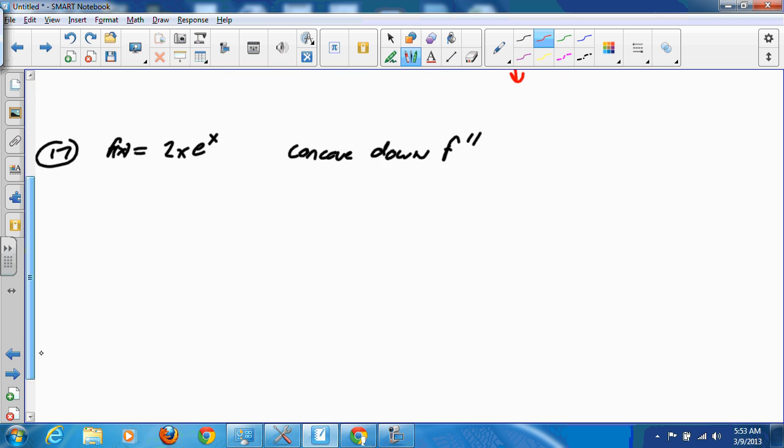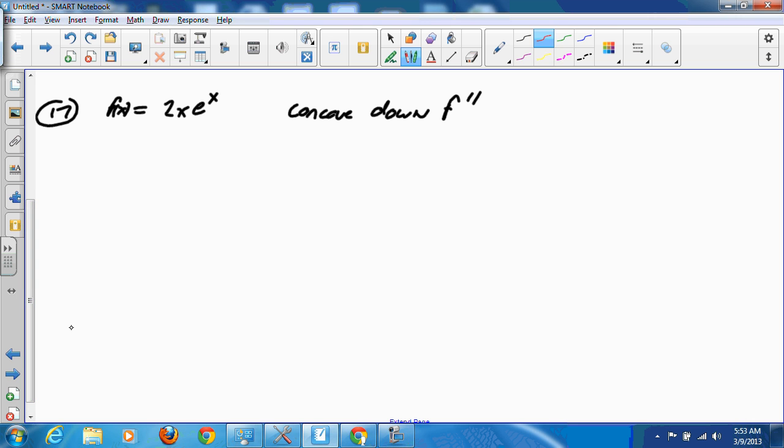Alright, let's take a look at this one, number 17, and we'll stop the video there. Number 17 is asking us about concavity. They're saying, when is this graph concave down? And so, in order to evaluate concavity of something, we're going to look at its second derivative. So you have to take this derivative twice.